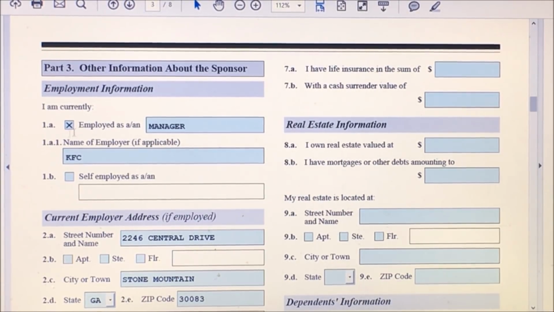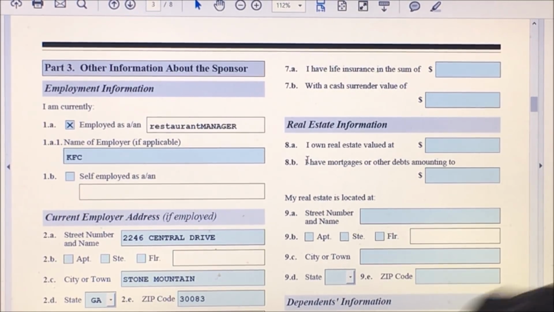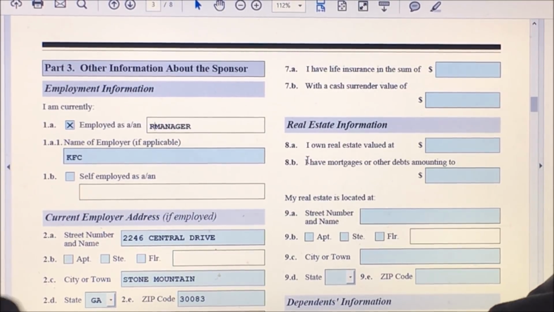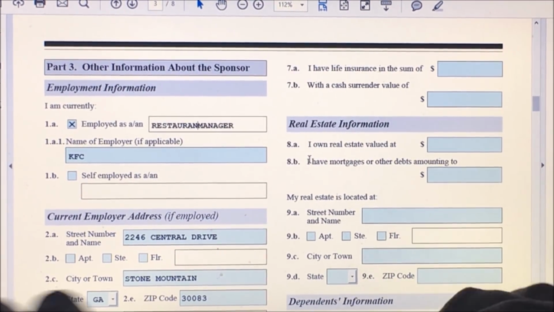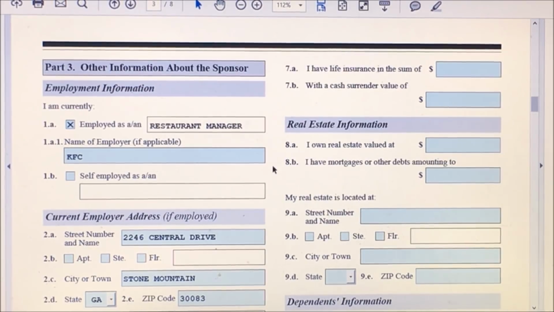So on this one, he is employed as a restaurant manager. Okay, so please be specific.